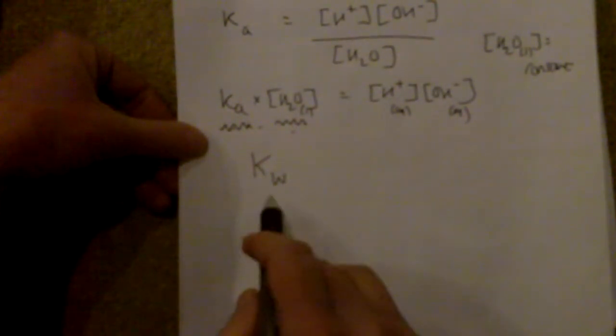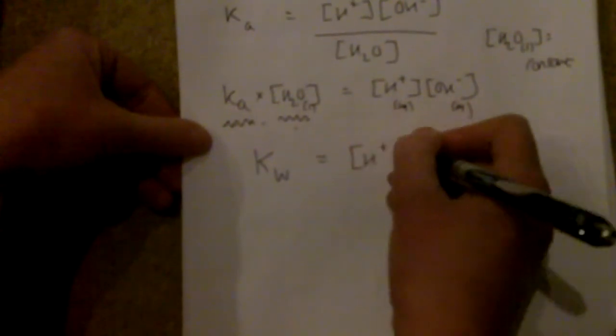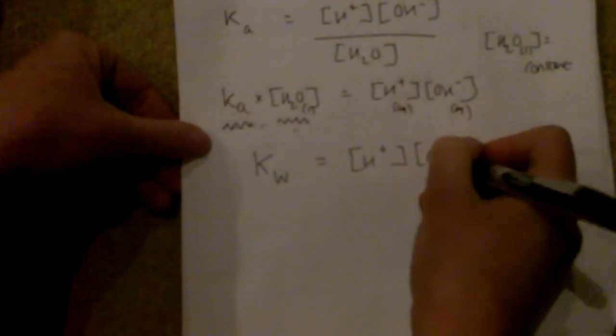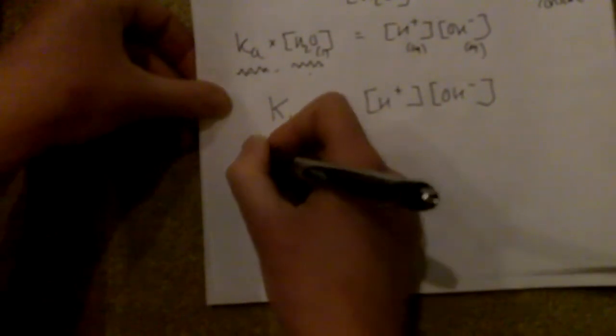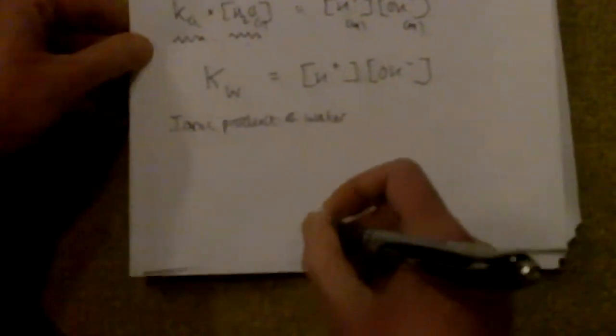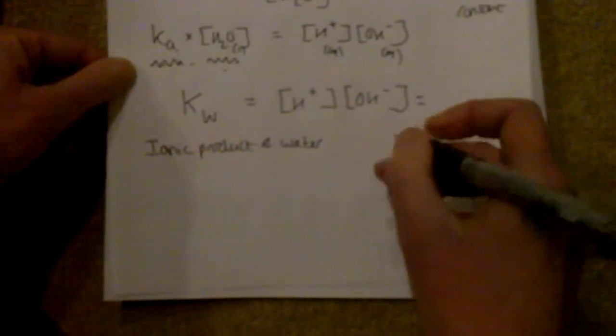There's a capital K and a small w. So Kw is H plus times OH minus. Kw's got a name. It's called the ionic product of water. At 25 degrees, like other equilibrium constants, it has a value.